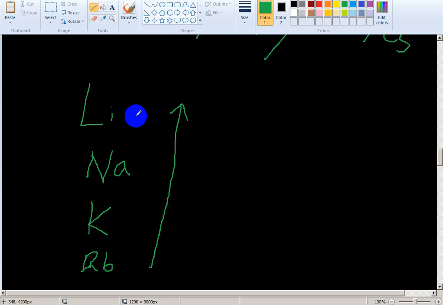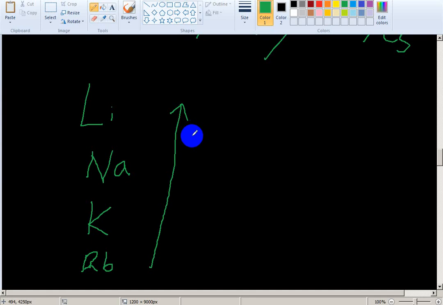Lithium atom and its ionic size are smaller. Hence, ionic charge density is high. The attraction between the charge and free electrons is so strong that the atoms remain strongly bound. As a result, the melting point and boiling point are higher.